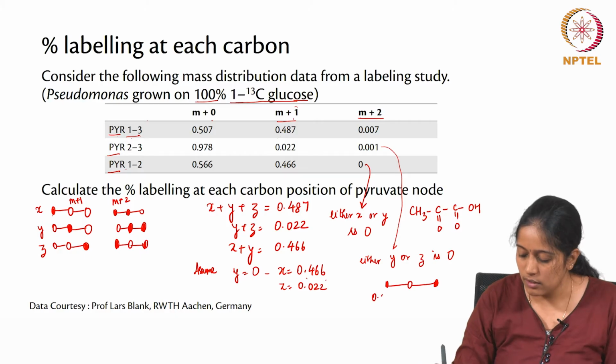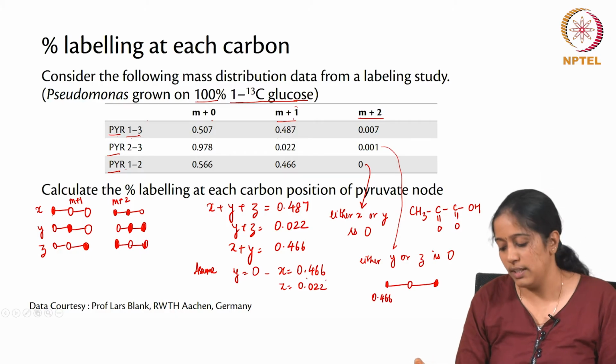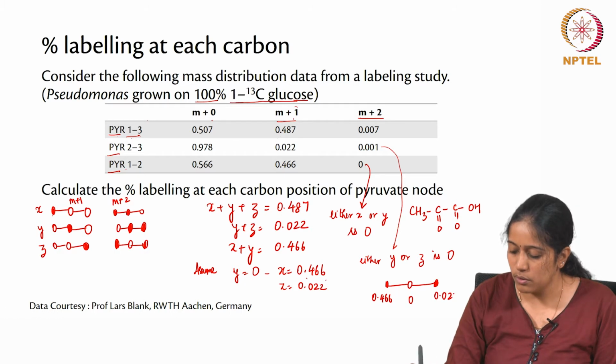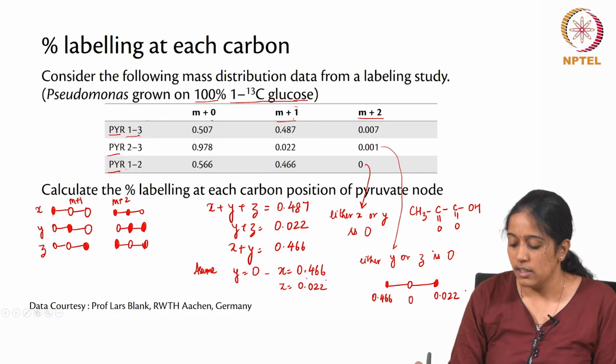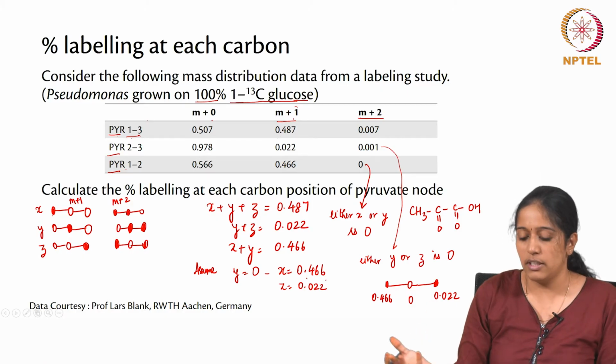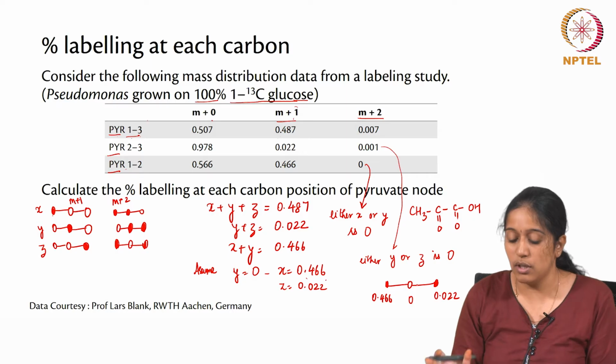X has a higher probability of being labeled. Here it is 0.466, Y is 0 and Z is 0.022. There could be another case where Z is 0, and you can try and simulate it by yourself, but this is just an example to show you how it works.